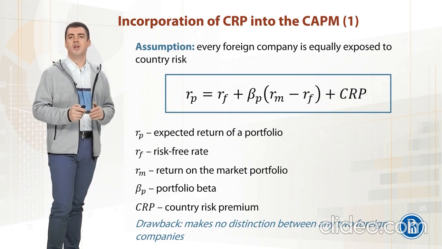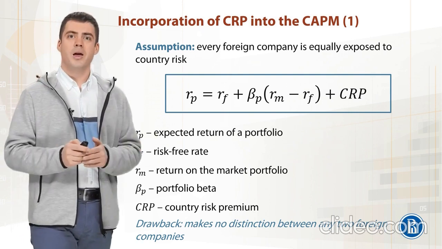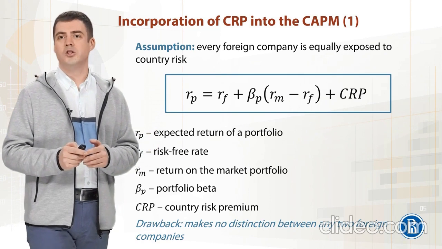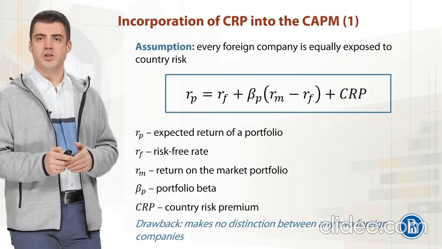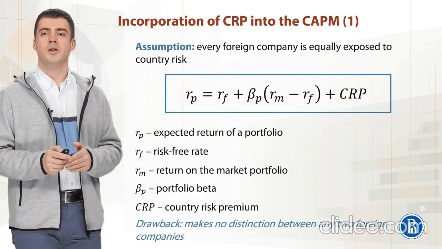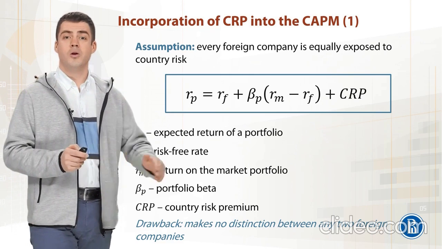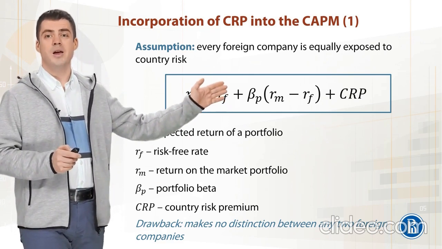While this approach is commonly used, it makes no distinction between any two companies in the foreign country, even if one of them is a huge export-oriented firm and the other one is just a small local business. In such cases, the country risk premium would be simply added to the mature market expected return, so that the CAPM equation would be modified in the following way.